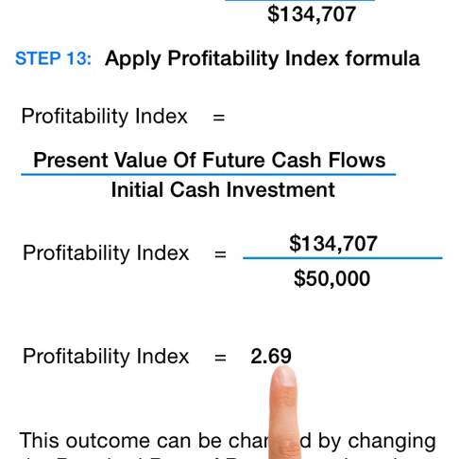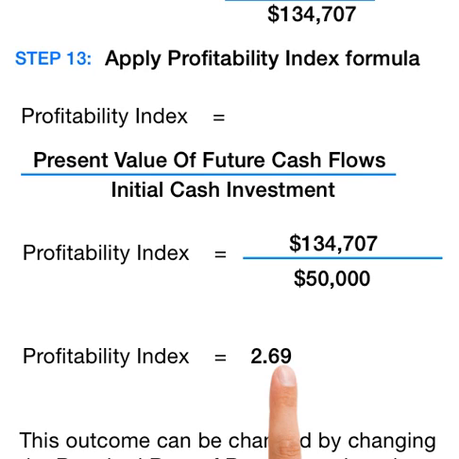You might be wondering, okay, what does that mean for me? Well, the benchmark is as follows for the Profitability Index. A PI of 1.0 means that you have achieved exactly your goal rate of return. In our case, that was 10%. If the PI is greater than 1.0, it means that you have exceeded your required rate of return.